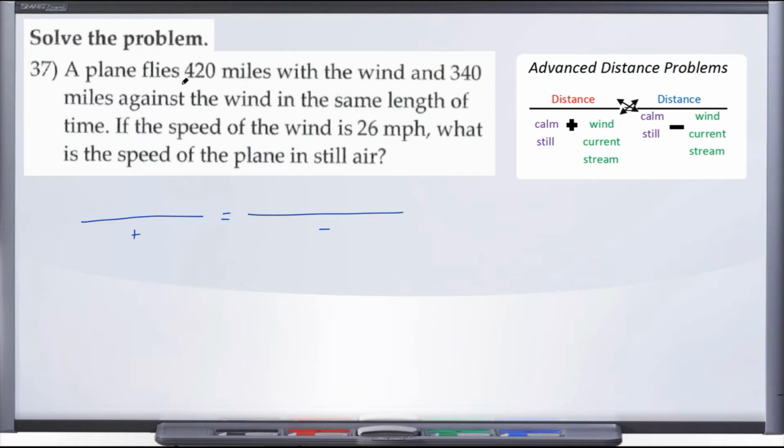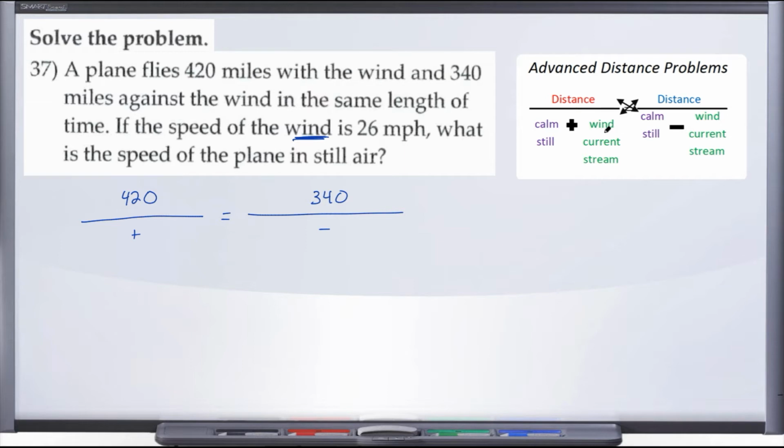So a plane flies 420 miles with the wind and 340 miles against the wind. Well, again, we know that the larger distance goes with the plus, so our 420 will go with the plus, our 340 is going to go with our minus. With the wind in the same length of time. If the speed of the wind is 26 miles per hour, well, let's see, the word wind is on what side of the plus and minus?